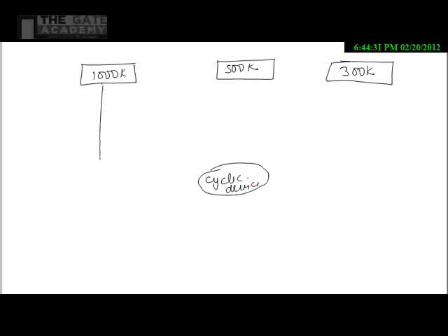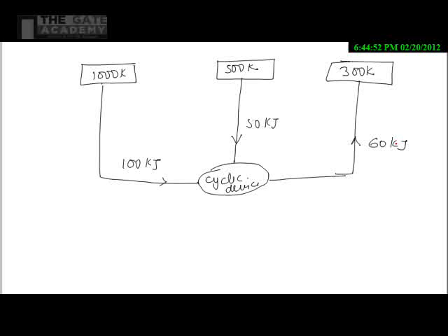It is receiving heat of 100 kilojoule from the 1000 Kelvin reservoir, receiving heat of 50 kilojoule from the 500 Kelvin reservoir, and rejecting heat of 60 kilojoule to the 300 Kelvin reservoir.